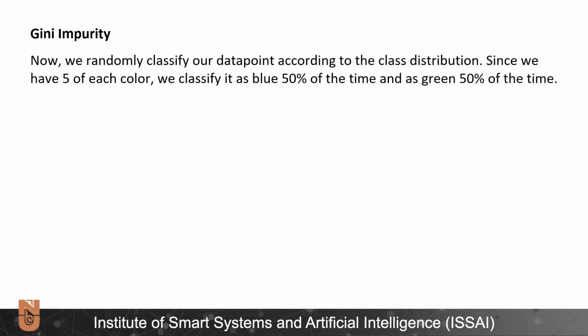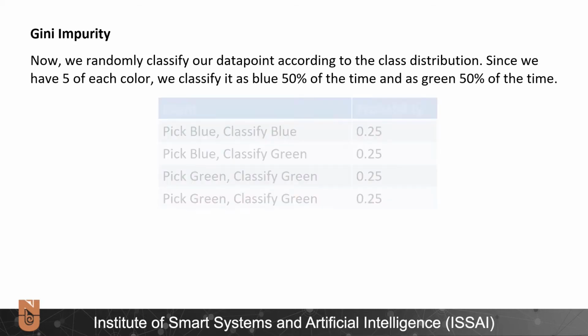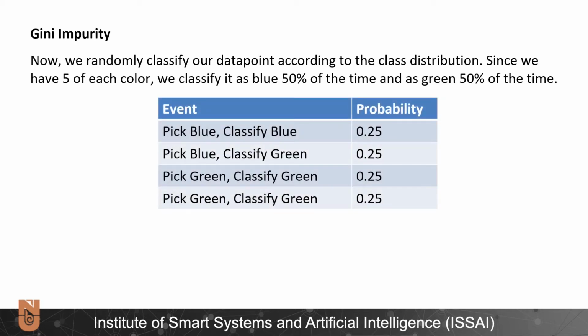Now we randomly classify our data points according to the class distribution. Since we have 5 of each color, we classify it as blue 50% of the time and as green 50% of the time. So we have 4 events. Picking blue and classifying blue will have 0.25 probability. Picking blue and classifying it as a green is 0.25.